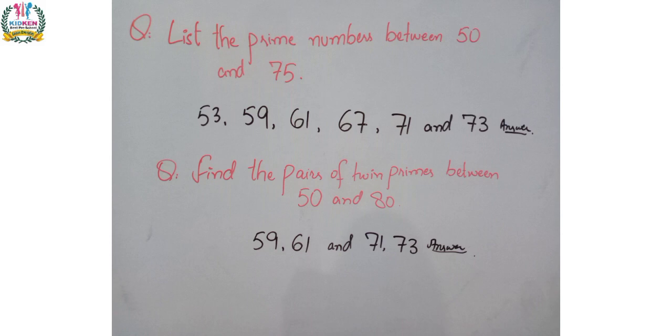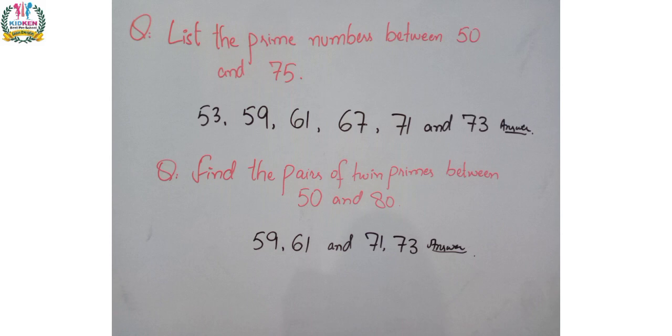So 53 comes only in its own table and is not a complete divisor of 1, 2, 3, 4 and so on. Then 59, then 61, then 67, then 71 and last 73. These digits are prime numbers between 50 and 75, and these digits are not completely divisible by 1 to 20, or they only come in their own tables.